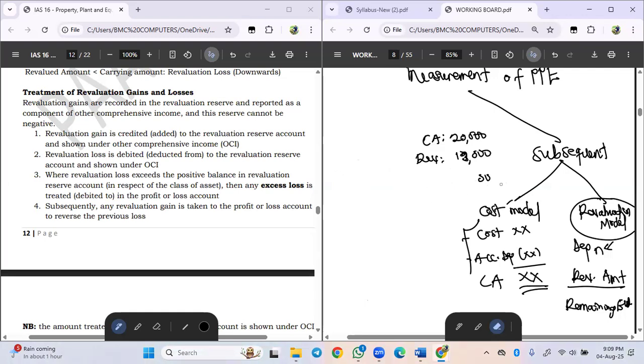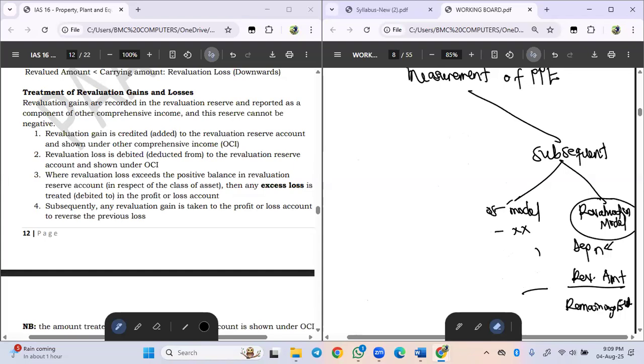Okay. So if you have revaluation gains, you record it in revaluation reserves and you show it under what? OCI. What OCI means is what? Other comprehensive income. So what it means is that if you are preparing P&L, after getting your net profit, you add other comprehensive income, then you add revaluation surplus.